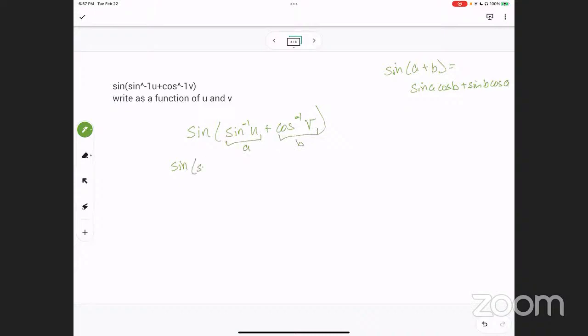So this is going to be sine of sine inverse u times cosine of b, so that's cosine inverse v, plus sine of my b, cosine inverse v, times cosine of my a, sine inverse of u.